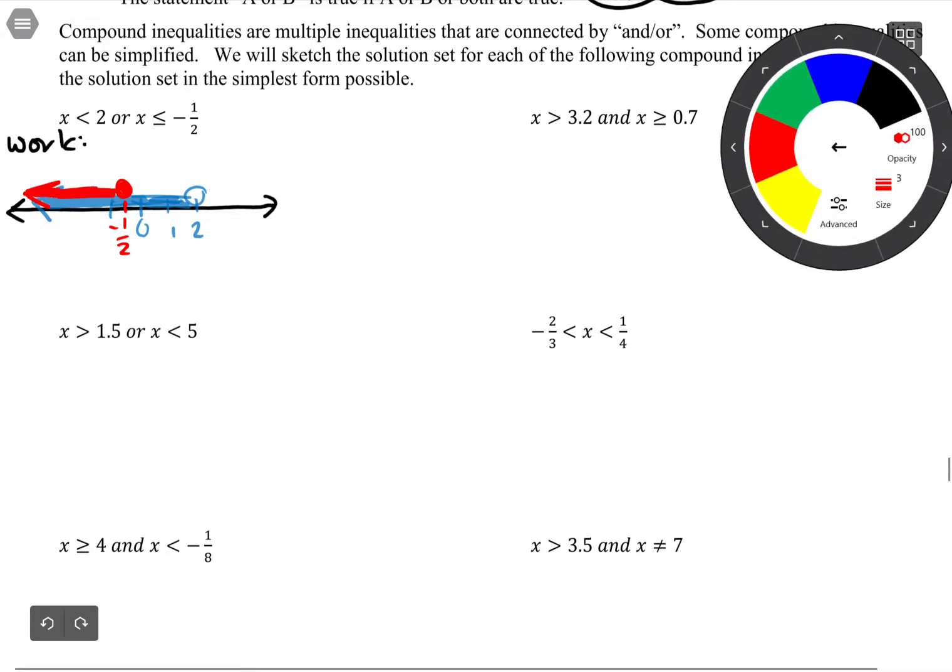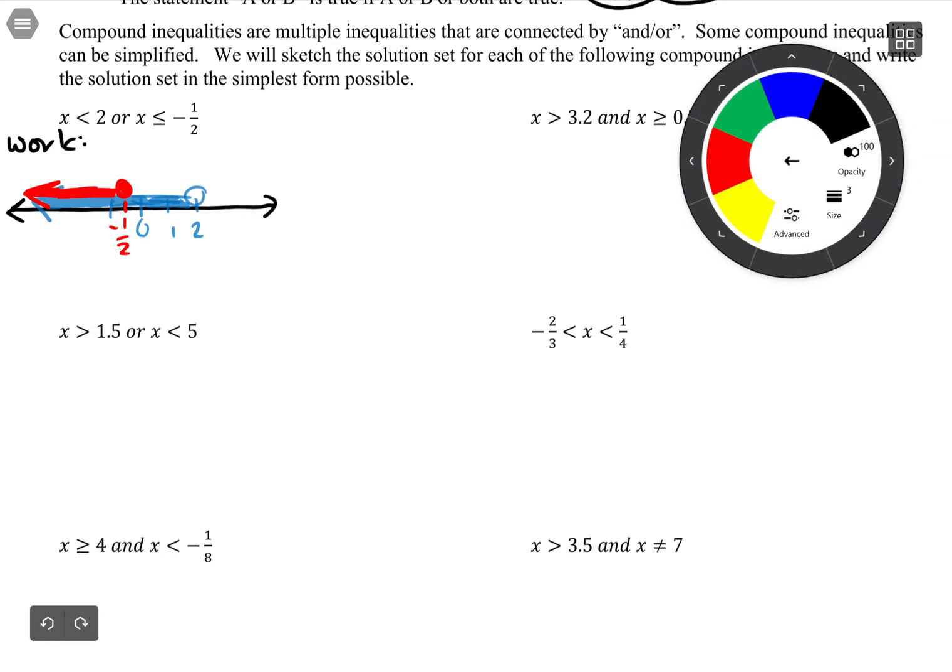My answer is going to come from looking at what's connecting the two, which is an or statement, and saying, okay, so or is true if either one of the statements is true or if both are true. So over here, statement 1 and statement 2 both true, which means the or statement is true, and that continues all the way up to negative 1/2, both are true. After that, I'm still hitting the first inequality solutions, so I'm still satisfying the or statement.